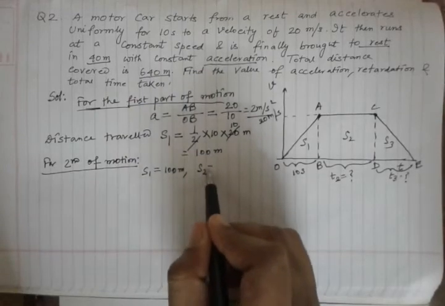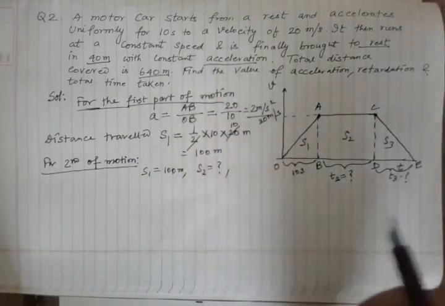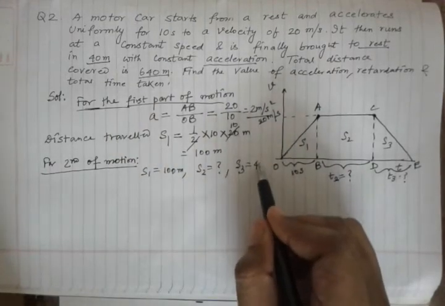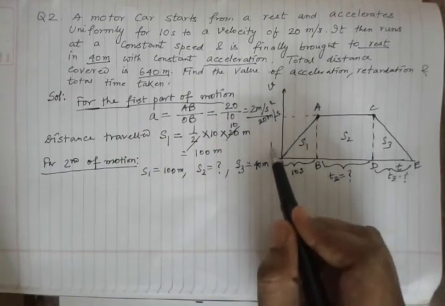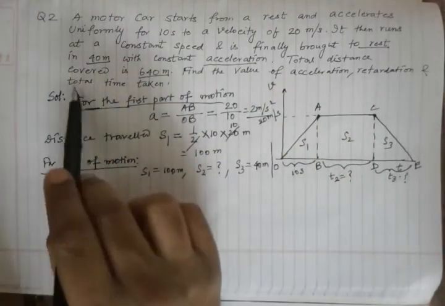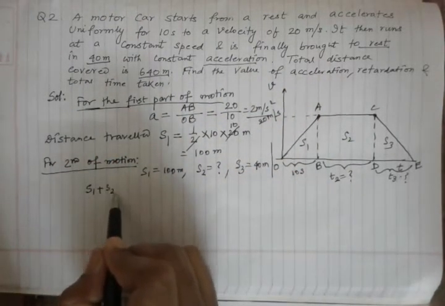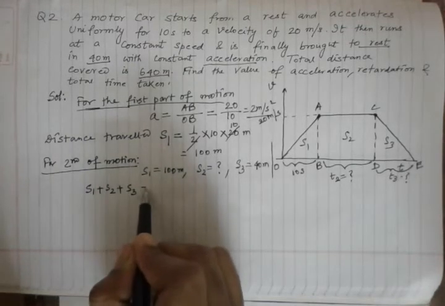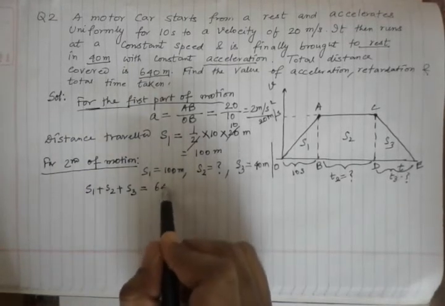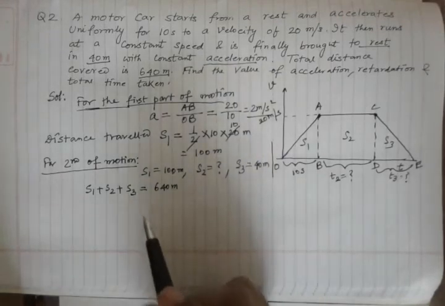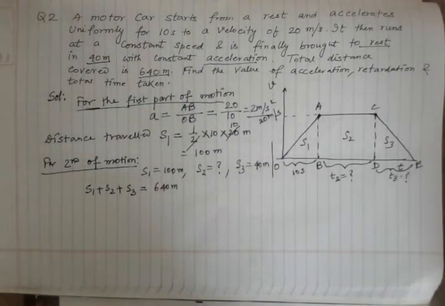S2 is equal to, we don't know, and S3 is given here, 40 meter. And also the total distance covered is given. So S1 plus S2 plus S3 is equal to 640 meter. So we put the value here, then it will calculate S2 very easily.